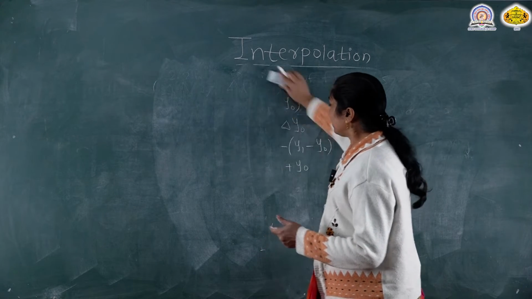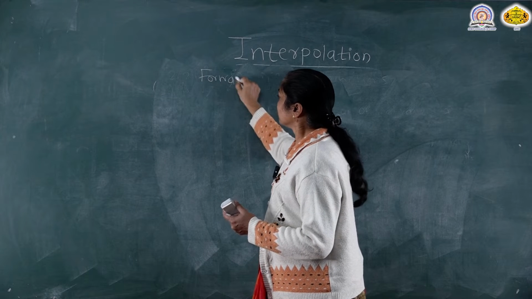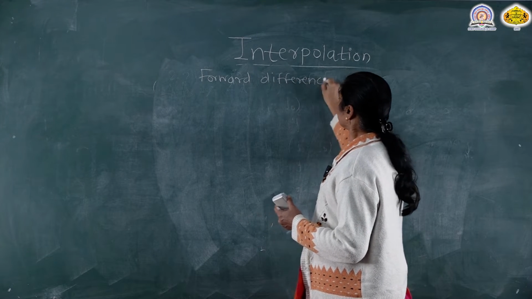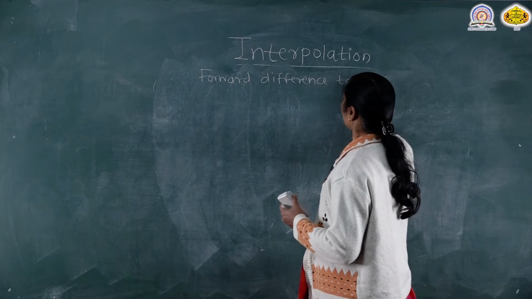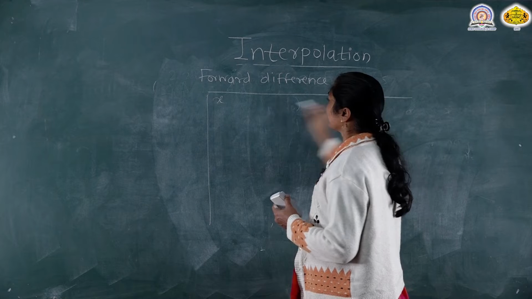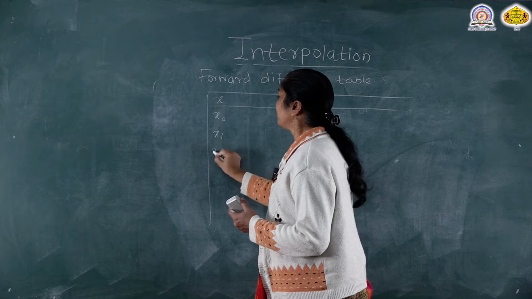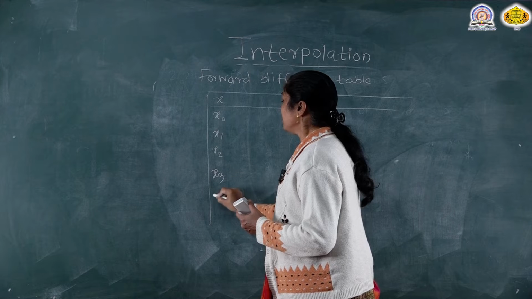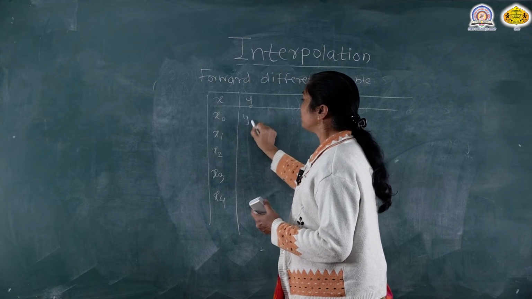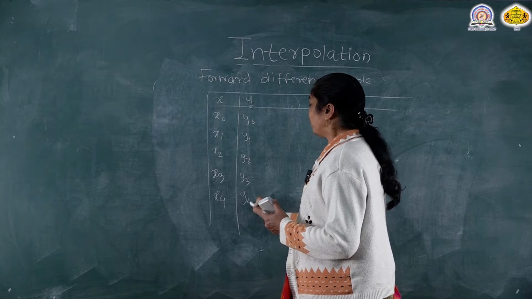If you observe the forward difference table, suppose the values of x are given to us, that is x0, x1, x2, x3, x4. Suppose values of y are given to be y0, y1, y2, y3 and y4.